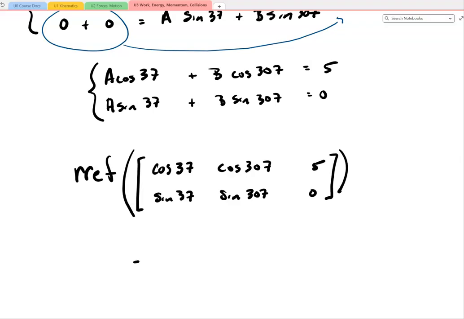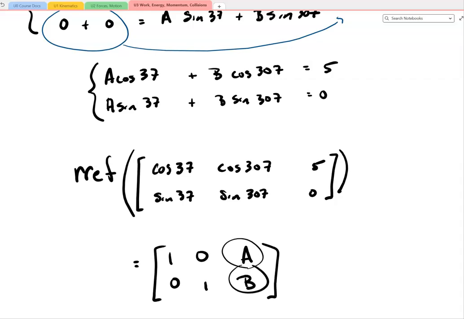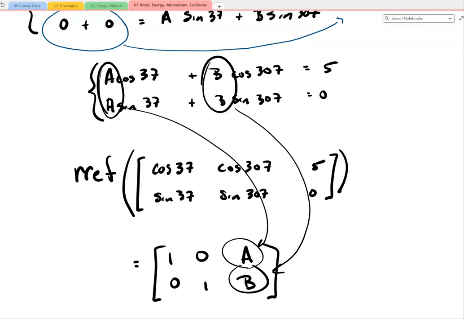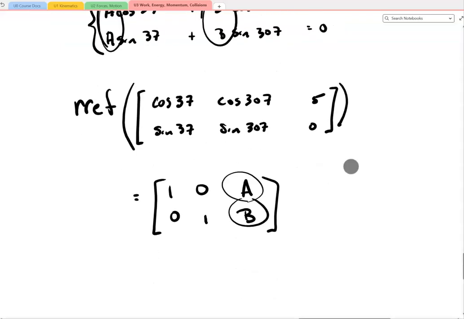And this expression should return to us, if it's solvable, a matrix in the reduced row echelon form where the A quantity and the B quantity ends up being reported on the right-hand column. And again, we get that because the column A and B, left column, right column, ends up rotating to first row, second row, so top row, bottom row. So that's how our matrix system will work.